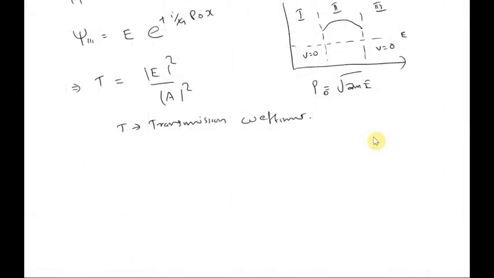Now you have to write the psi 2, and for psi 2 we don't have any other option. We put this as a slowly varying potential, and our wave function has to be of the form of the WKB approximation.